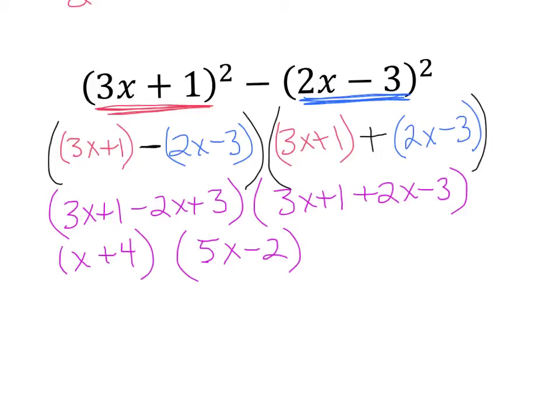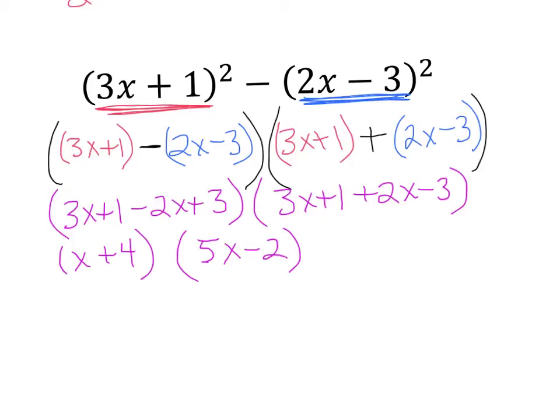It's a little confusing. Now in this next step, this is the blue and the red blended together to make a beautiful purple. The reason I did that was to show you that we just simplify this. We multiply this negative through and we end up with that. And we simplify this here and it gives us 3x plus 1 plus 2x minus 3.